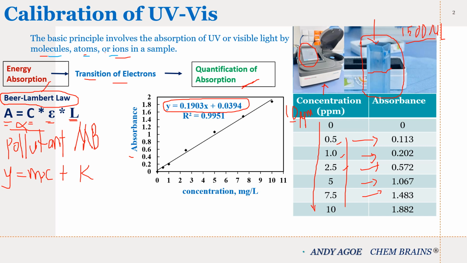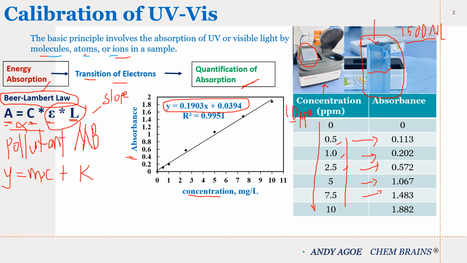Now with this calibration line, we plotted absorbance, which is A, against concentration, which is C. So this becomes our slope. And therefore we do not have an intercept, which implies that anytime we plot the graph of absorbance against concentration, we will have a straight line passing through the origin.